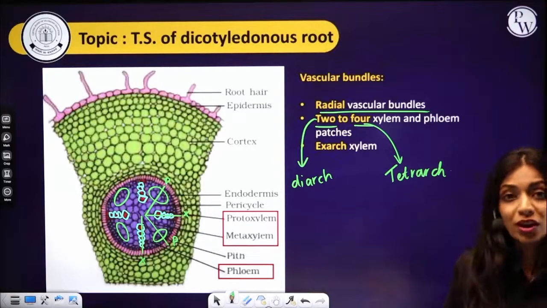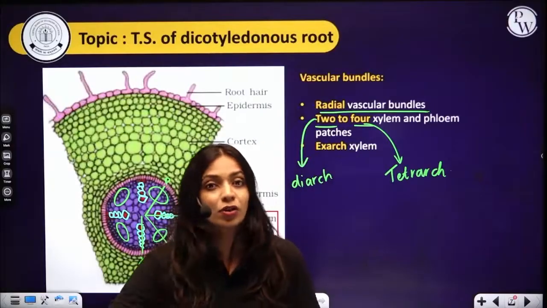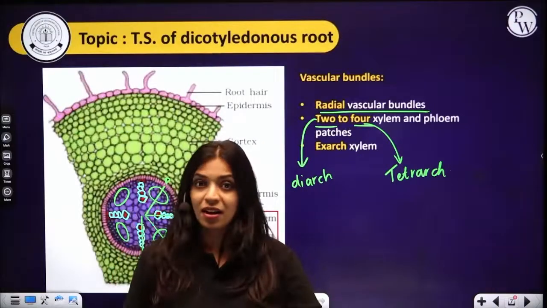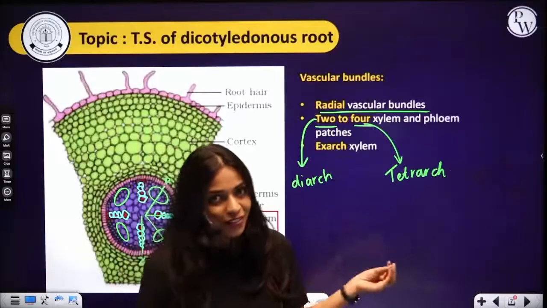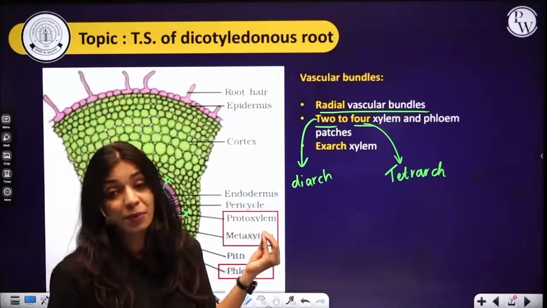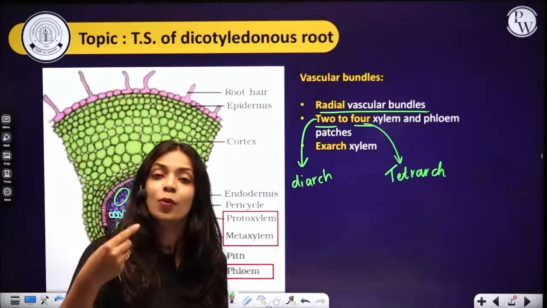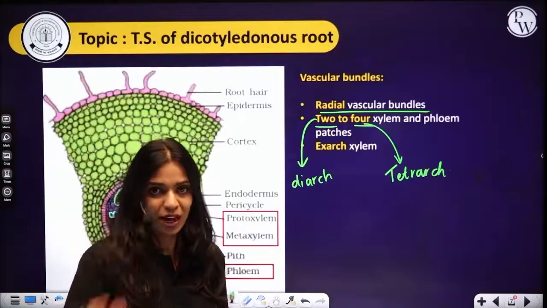Now, when you consider the primary xylem here, remember in the previous class we learnt about endarch and exarch condition of xylem, right? So over here, you have to check for the position of protoxylem. Remember I told you that protoxylem vessels have narrower lumens, whereas metaxylem vessels will have broader lumens.